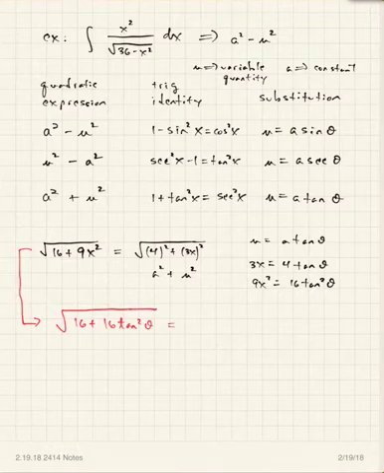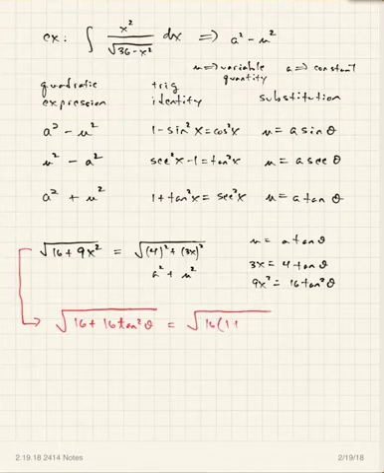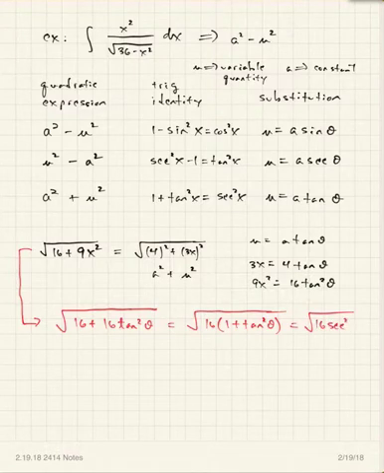Now watch what happens. You factor out the 16, and you have 1 plus tangent squared left. And 1 plus tangent squared is equal to secant squared. So this would be the square root of 16 secant squared theta.